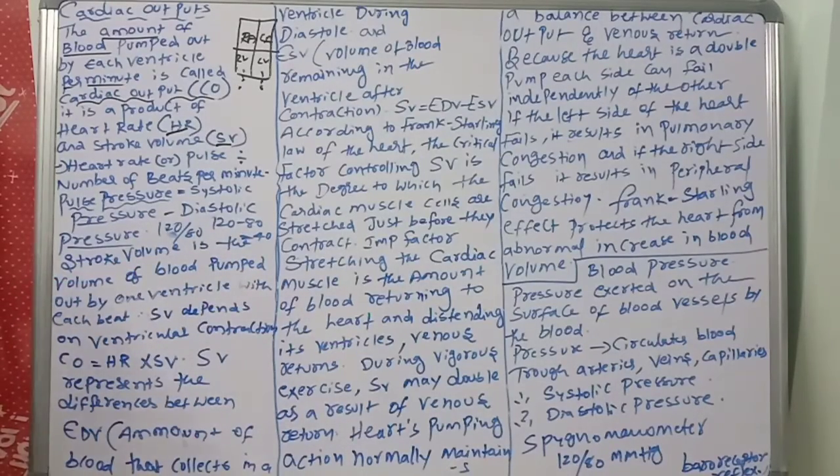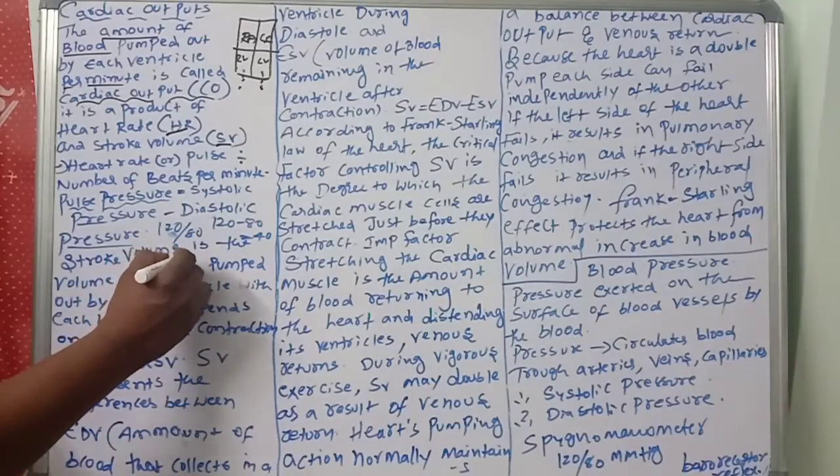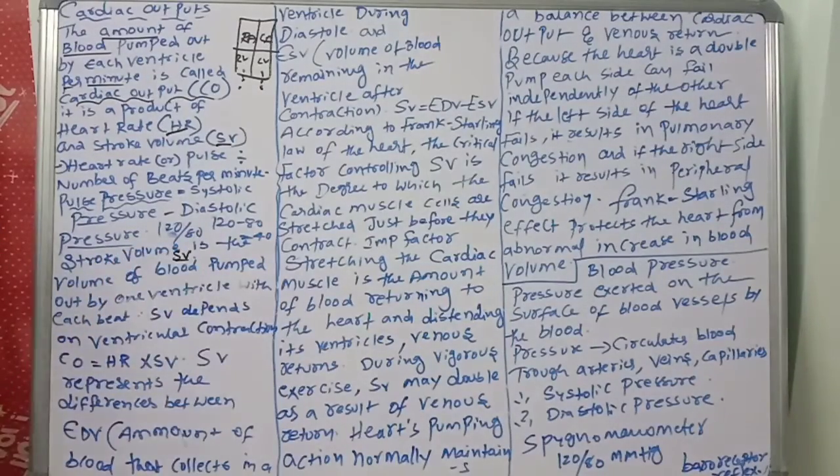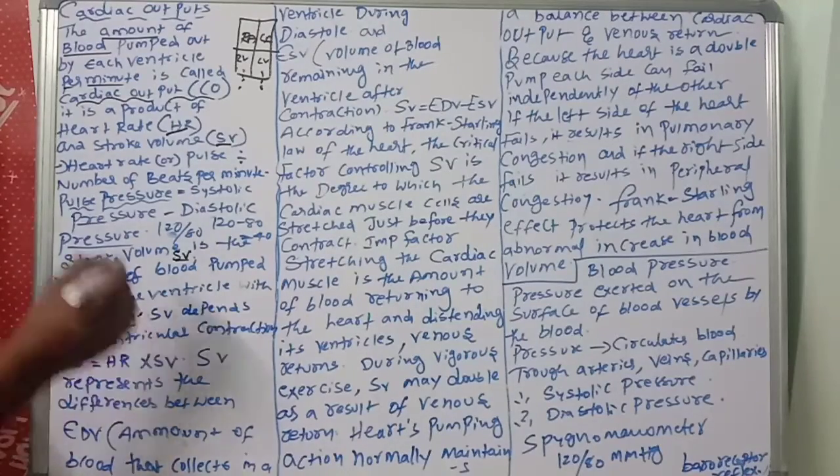Next, another important definition, the stroke volume, SV. Stroke volume is the volume of blood pumped out by one ventricle with each beat. This is important.